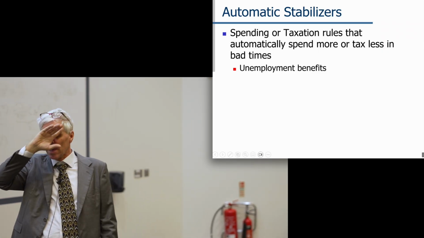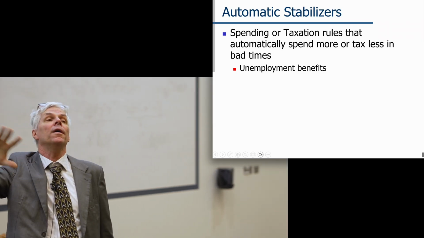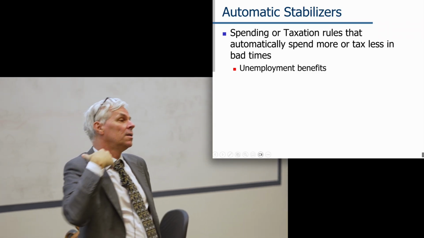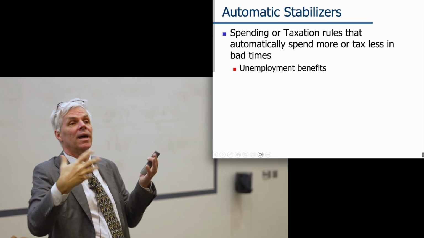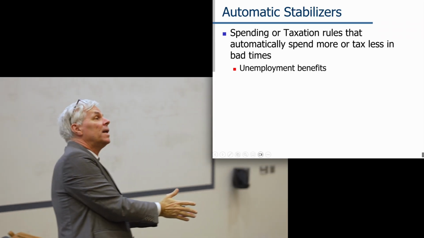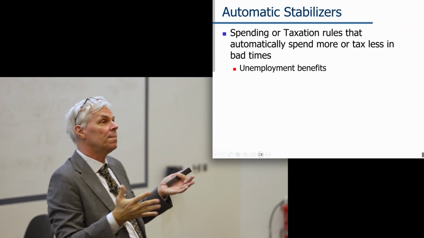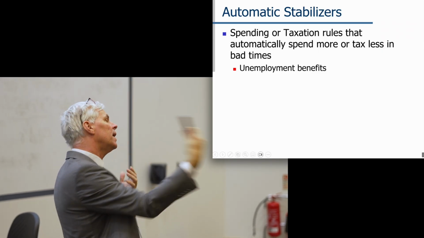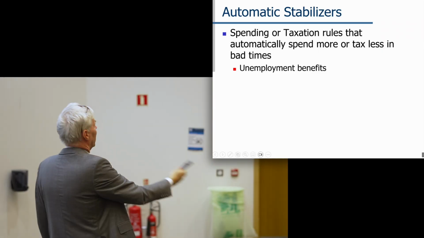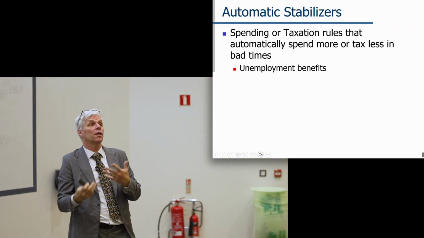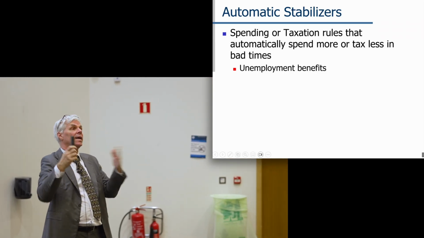So automatically, without the government even having to be aware that we're in a recession, taxes have gone down. That is, we start giving people money just because they become unemployed. So we don't have to know. They know what's going on in their own life. They don't know what's going on in the economy as a whole, but they know what's going on in their own life. They can sign up for the dole and they get this cash.